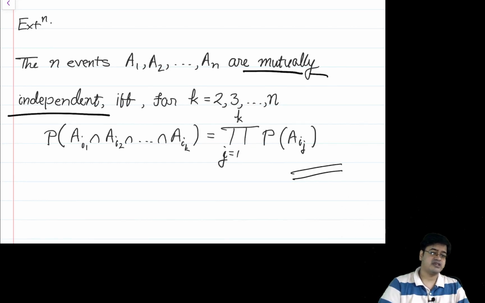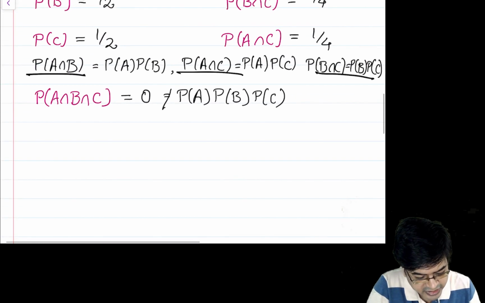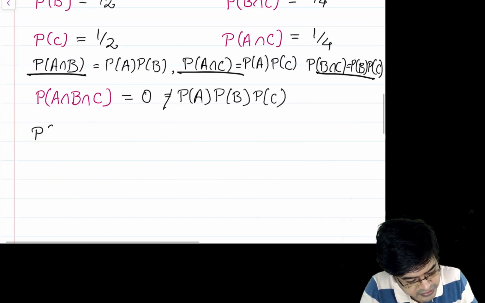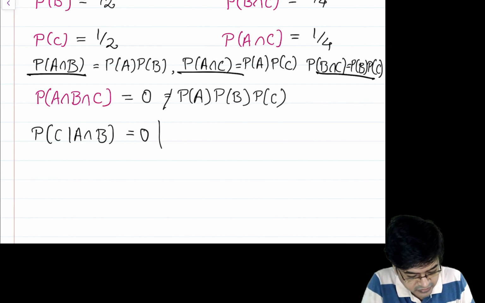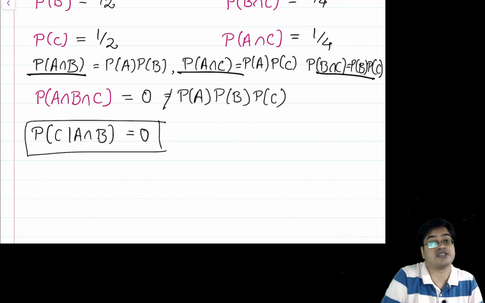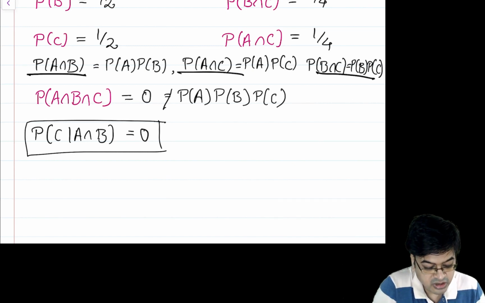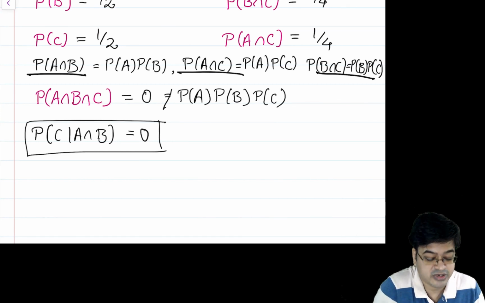But whenever events are not mutually independent, like the earlier case where we saw that the probability of C given A intersection B is equal to 0, and this makes the probability of A intersection B intersection C equal to 0, we need to rely on conditional probabilities.